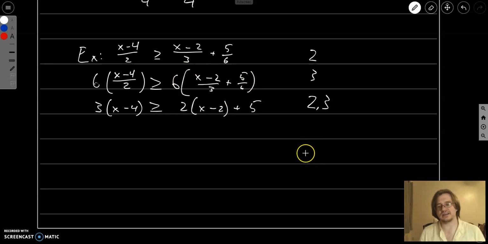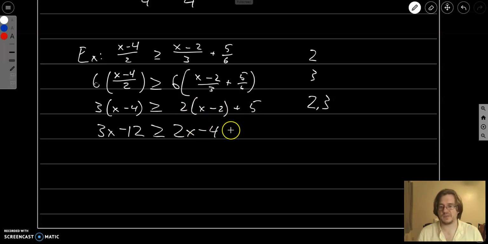And now I can start to simplify a lot more. 3 times x is 3x, 3 times -4 is -12, 2 times x is 2x, 2 times -2 is going to be -4, plus 5. I will take this right-hand side and simplify it a little bit more. -4 and 5 together will be 1.